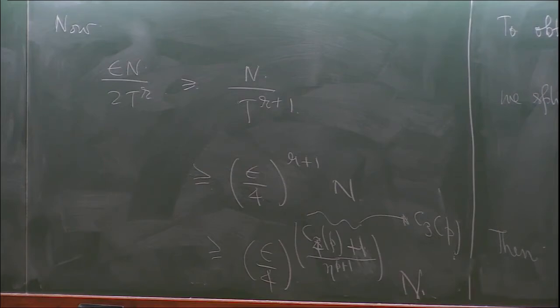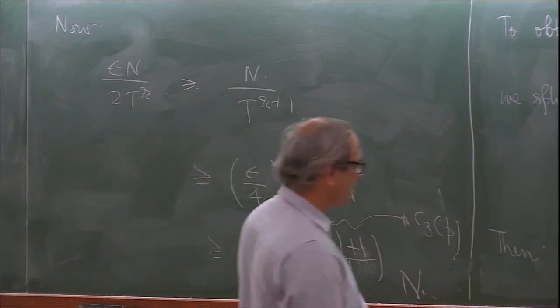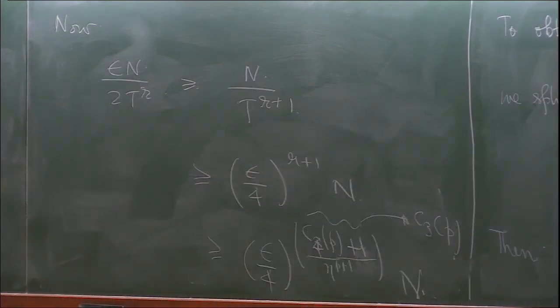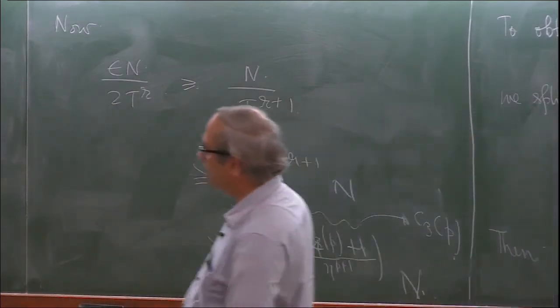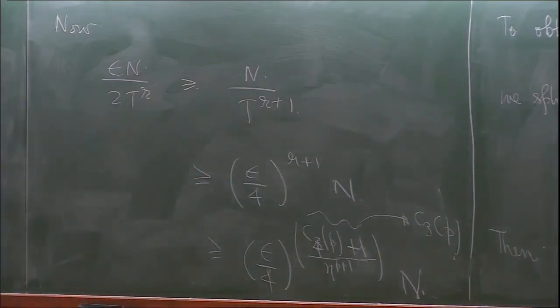So under these hypotheses, which often appear in practice, you have a lower bound for the cardinality of the Bohr set. Okay, so we are done with that, and now we use this to complete the proof of the theorem of Roth.